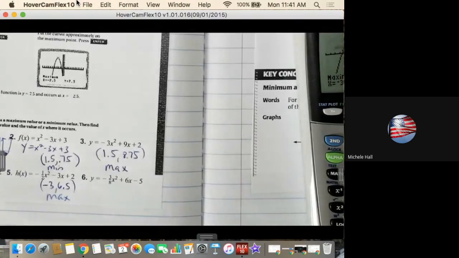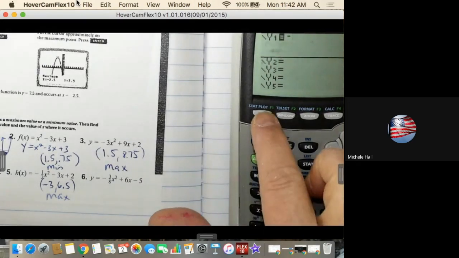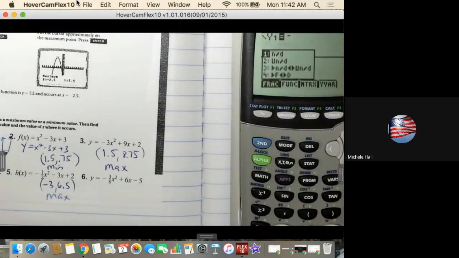When you're done with that one, I want to show you another way on number 6 of how to enter fractions that I never use this way, but I'm going to show you that it's there just in case you want to have it first. So negative. I went alpha F1 in the green. Alpha F1, and it's the very first one. Number 1 is a fraction, n divide d.